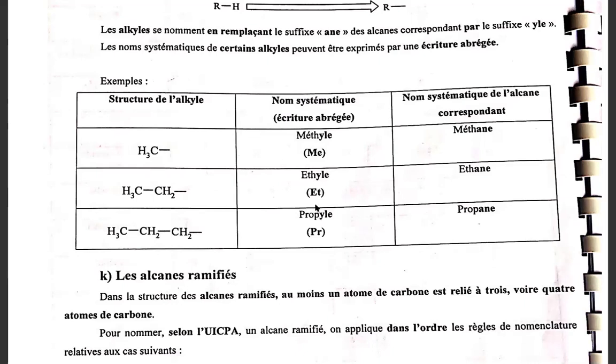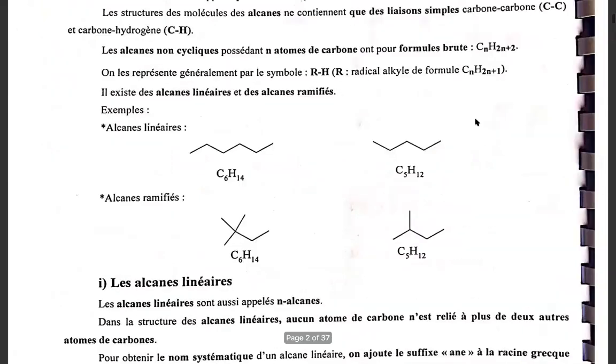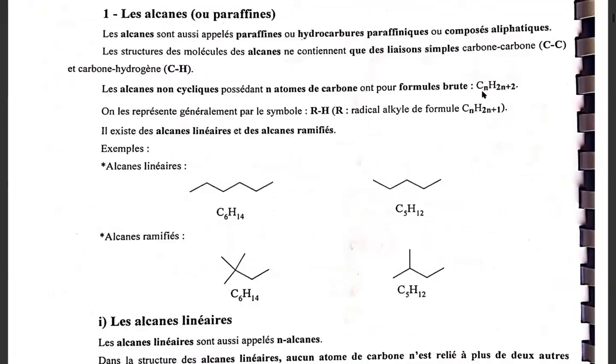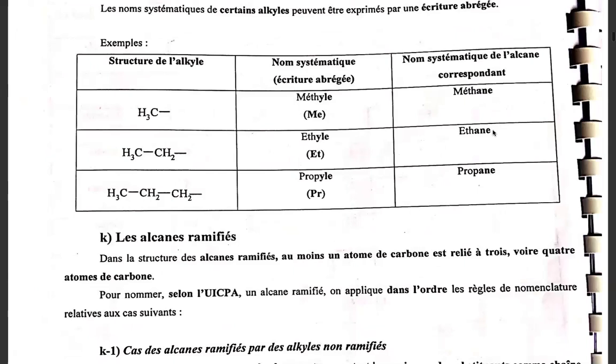Same applies to ethyl. Ethyl comes from ethane. Ethane is C with 2. When you come to the formula, this becomes C2. 2 times 2 is 4, 4 plus 2 is 6. So the general formula becomes C2H6. That's the ethane.